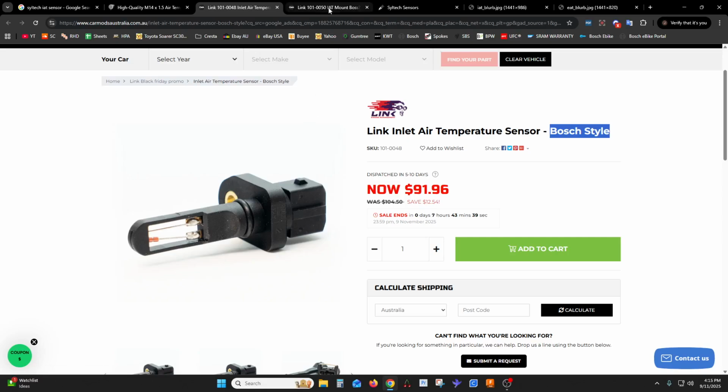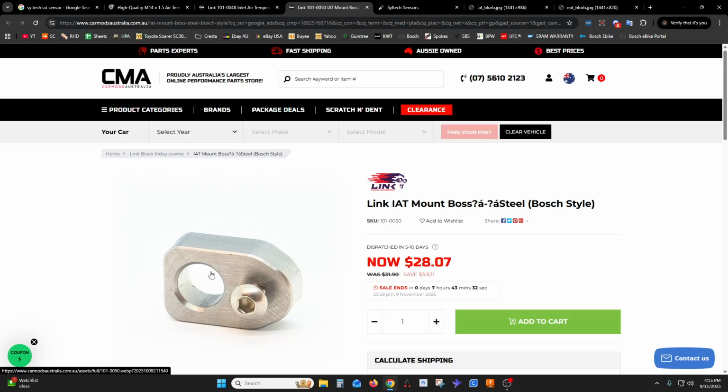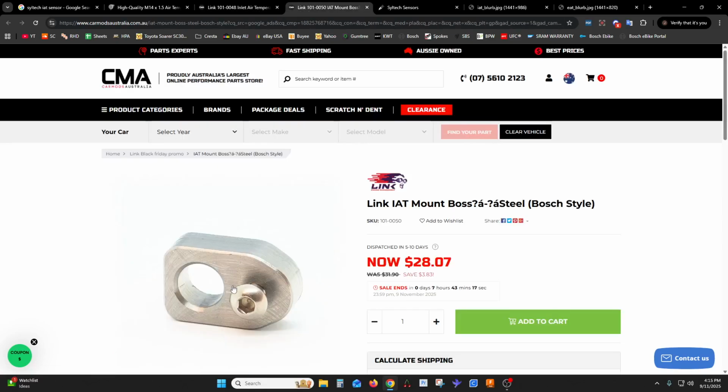Okay. In order to mount this Bosch sensor, this is a Bosch style mounting, so it plugs into that hole, and you need to weld this steel or aluminium boss onto your intercooler pipe, and then this bit with the O-ring seals on this hole here.